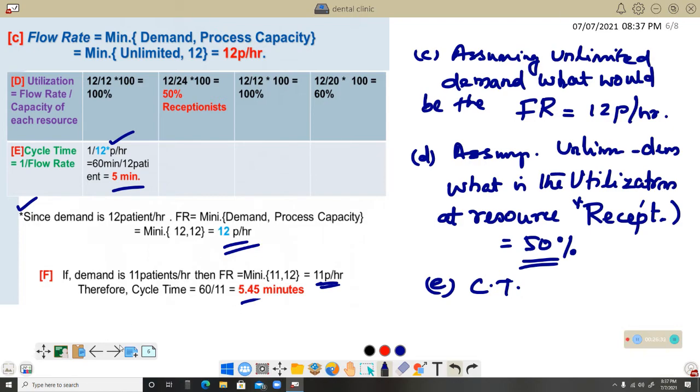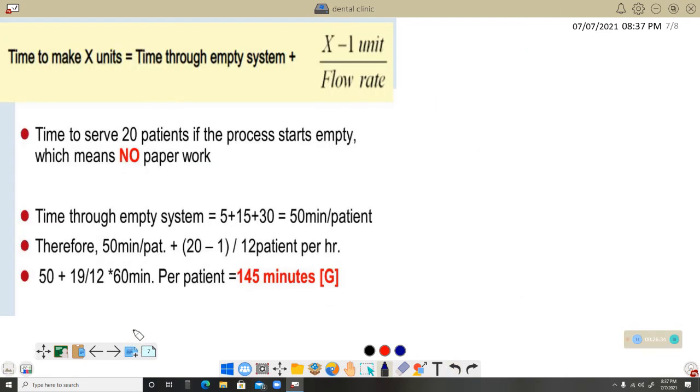So, again, there is one more question. Understand that there are 2 formulas for calculating time to make X units. This formula is what we call labor intensive, or we also call it a worker paced process.